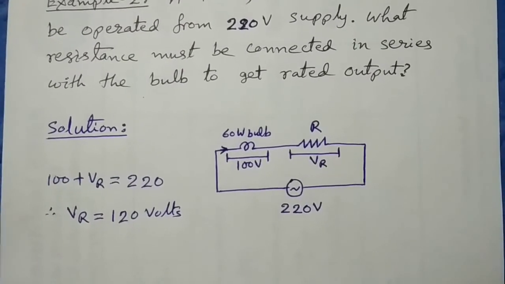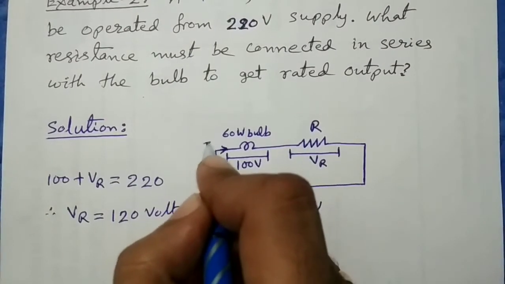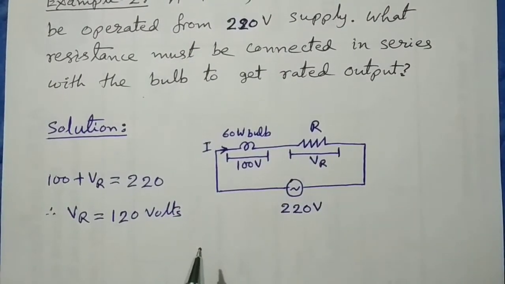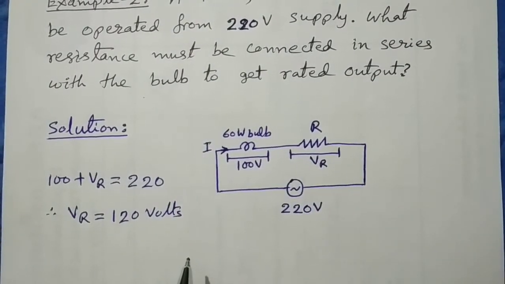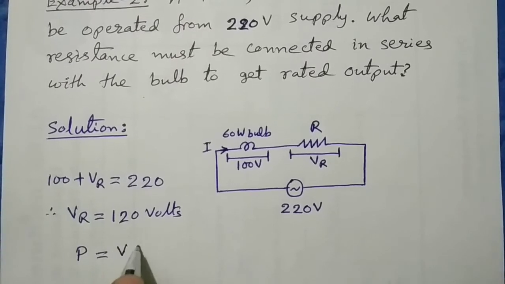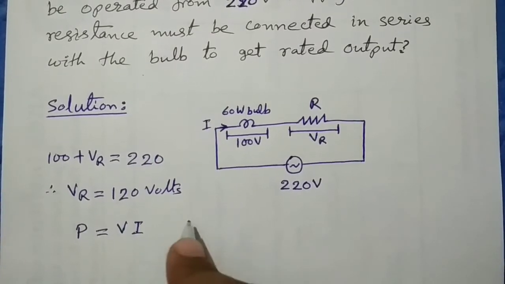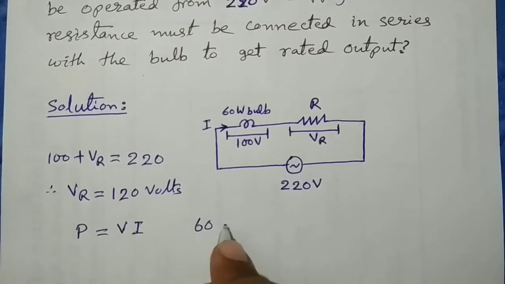Now, from the rating of the bulb, we can find the current. As we know that the bulb is a purely resistive circuit, and for a purely resistive circuit, the power is represented as V into I. So in this case, the power of the bulb is 60 watt.